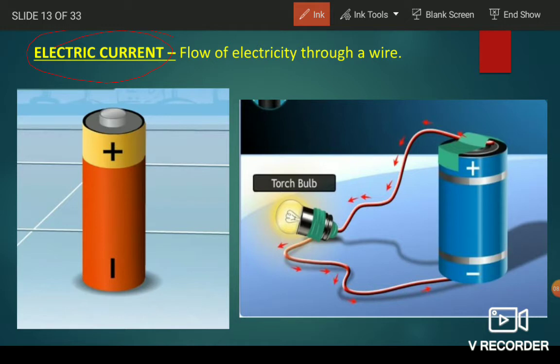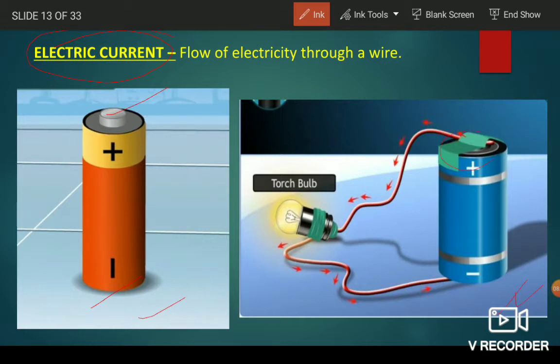See, this is a cell, but here electricity is not flowing, it is not in motion. Why? Because both the terminals of this cell are not connected. Now see this second picture.